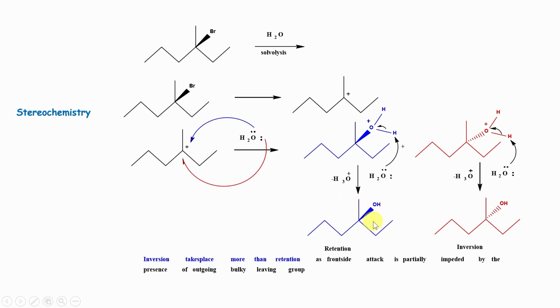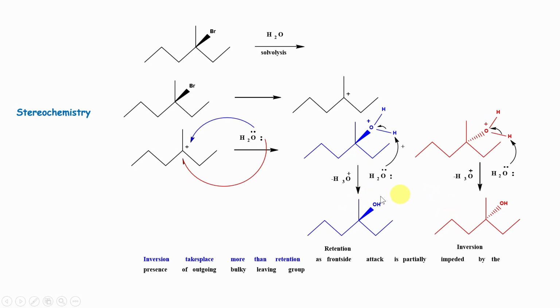Similarly, if the nucleophilic attack takes place from the back side of this positively charged carbon atom, then inversion of configuration takes place. Thereby, we will get this alcohol. Configuration gets inverted because of the attack of the solvent nucleophile from the back side. That is why molecules with this inverted configuration are formed.